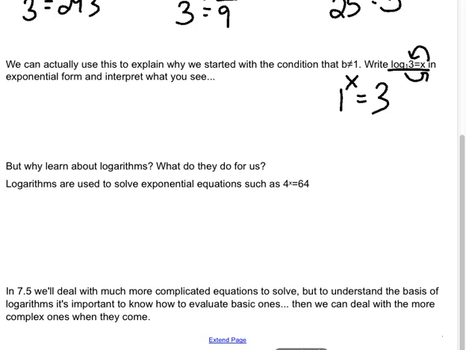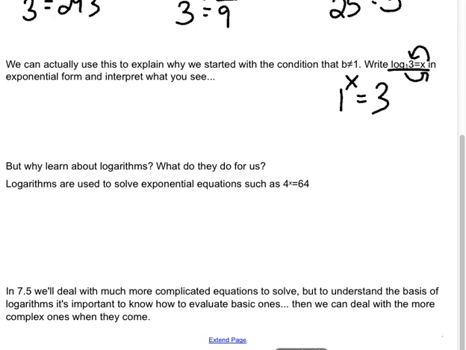So it makes very little sense to let 1 be the base, because no matter what the exponent is, it's not going to be able to equal anything else. That is why b cannot be 1, because no matter what power you put on it, it's not going to change.